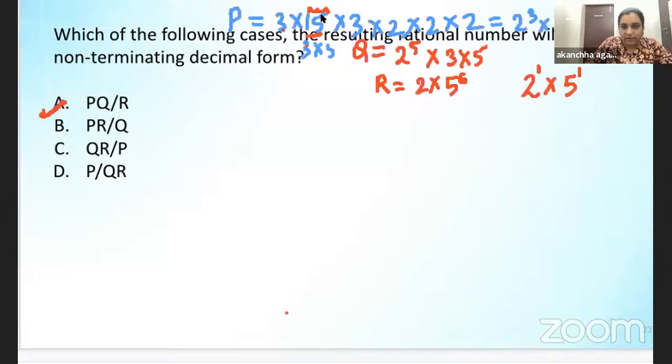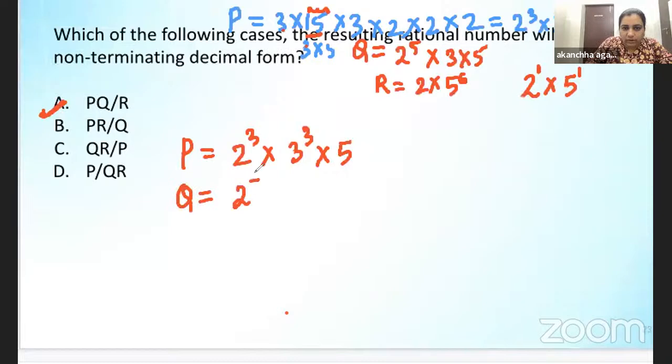If you remember, we had P equal to 2 cube times 3 cube times 5. Q came 2 to the power 5 times 3 times 5. And R came as simply 2 times 5 to the power 6.